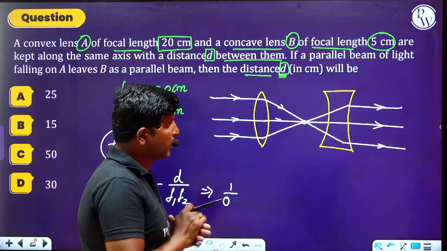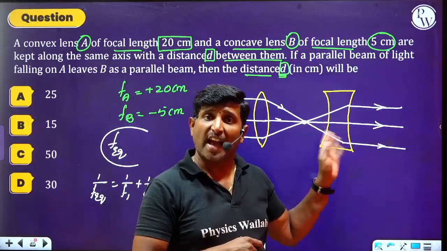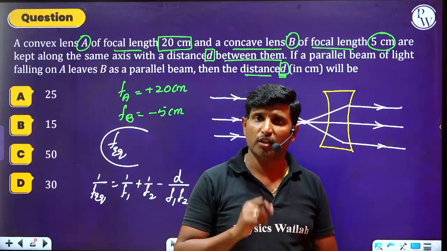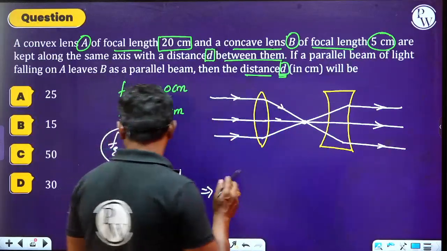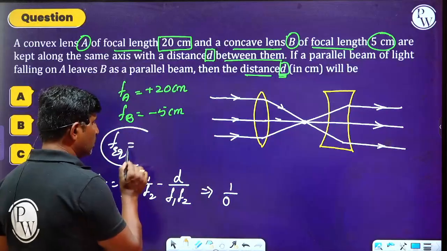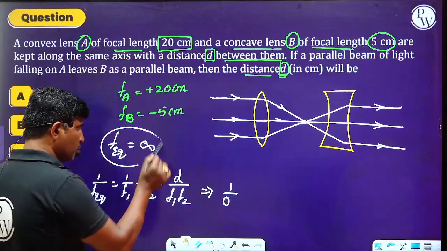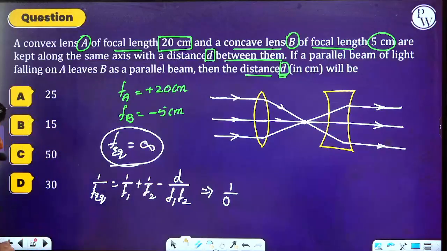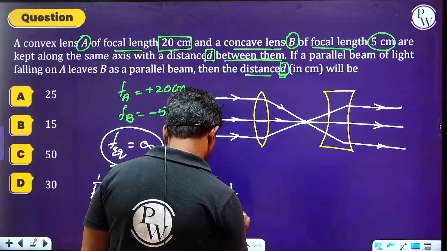Whenever a parallel beam of light is incident and emerges as a parallel beam of light, it just acts like a glass plate as we discussed previously. Therefore, the effective focal length is not 0. It should be equal to infinity. Focal length must be infinity. It cannot be equal to 0. Just do simplification now, then you will get the answer here.